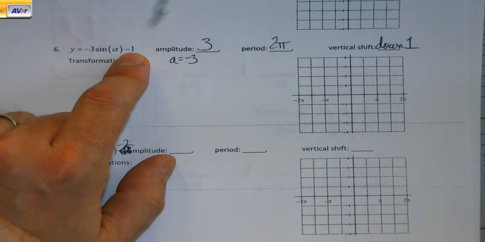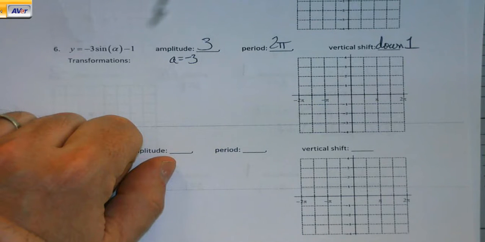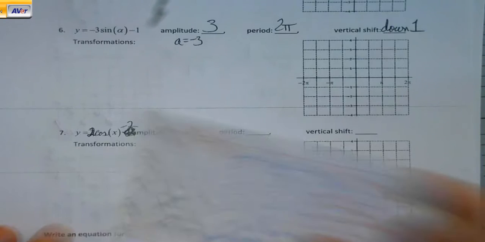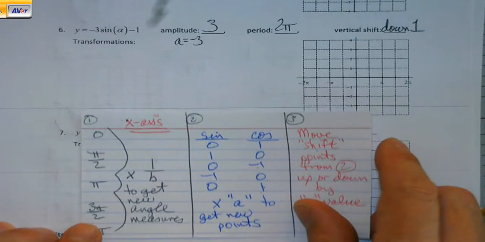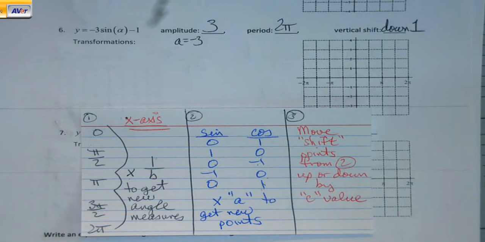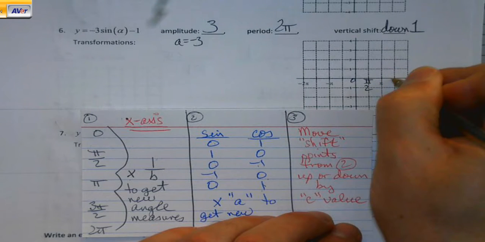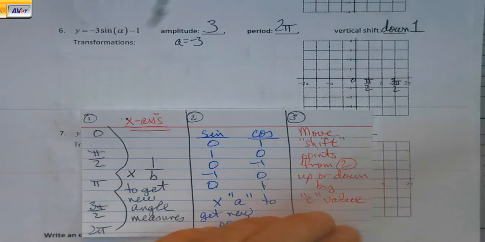And my vertical shift is down 1. So, once I have this set, I take a peek and I go, okay, period still hasn't changed. That's been one nice thing. We're having some other stuff change, but the period hasn't yet.